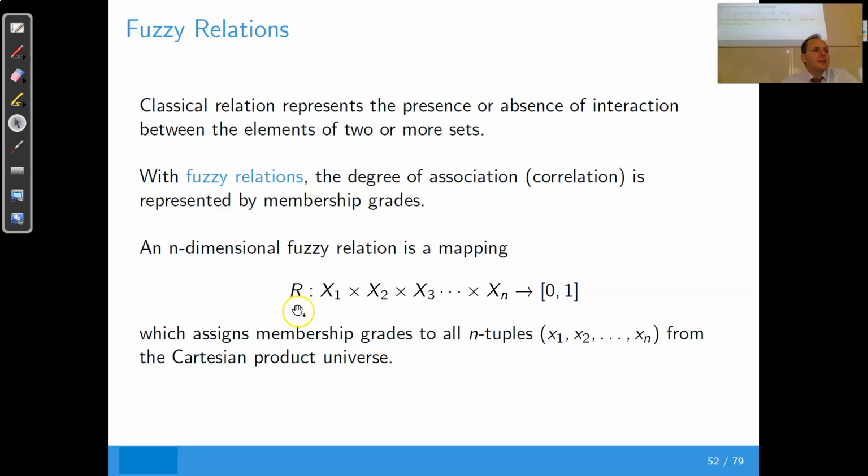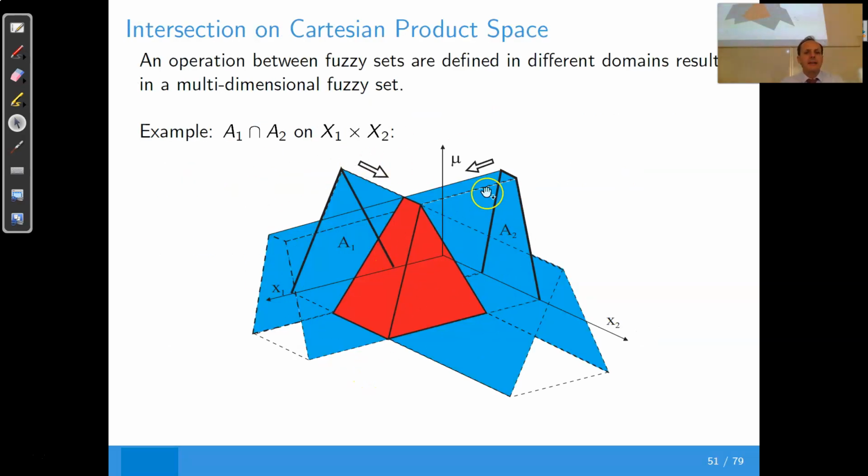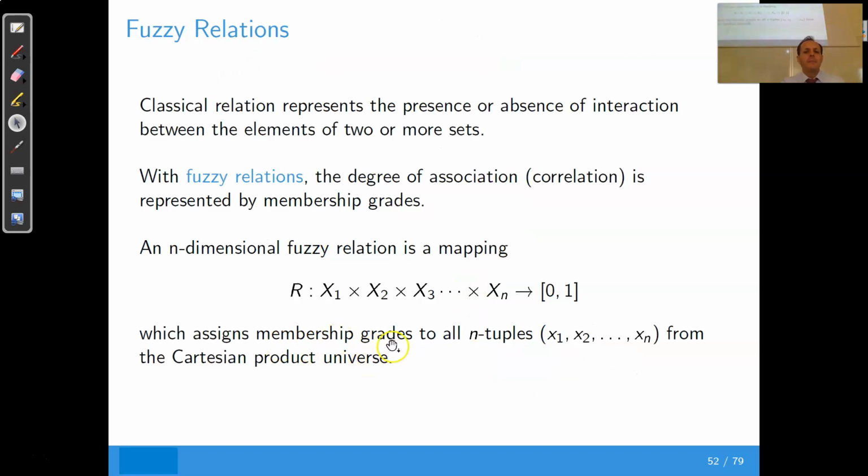A relation, as a matter of fact, is a function between a multidimensional space, so it links n variables, x1, x2, xn, derived from the Cartesian product universe, to a membership grade. So we move from a multidimensional space to a scalar domain. This is the concept of the relation. It's very important.